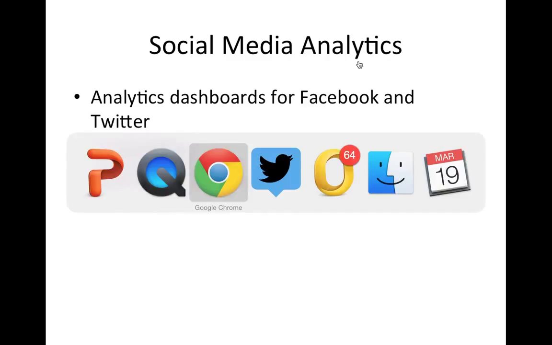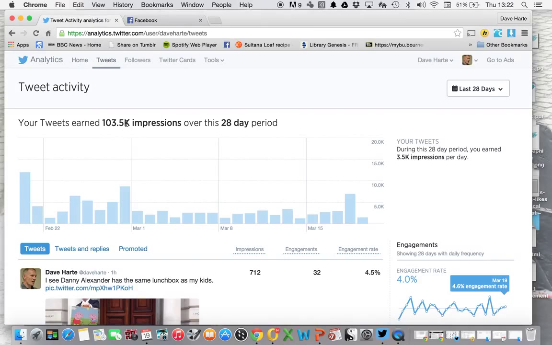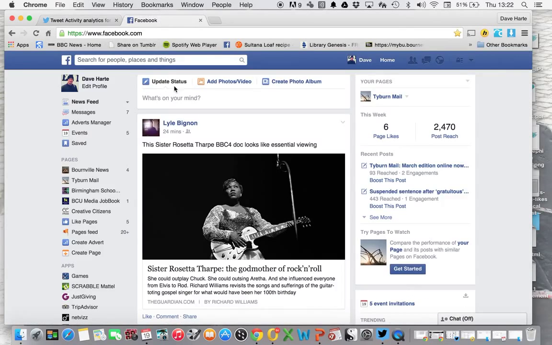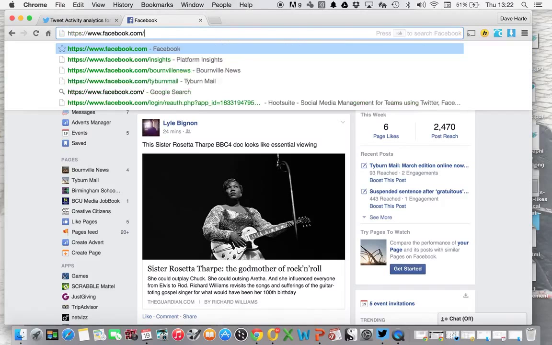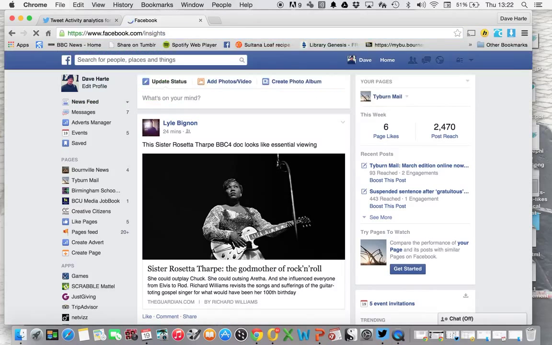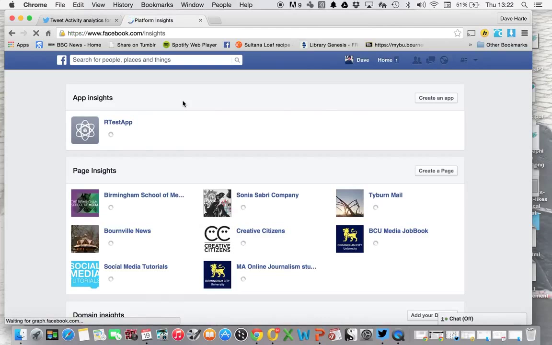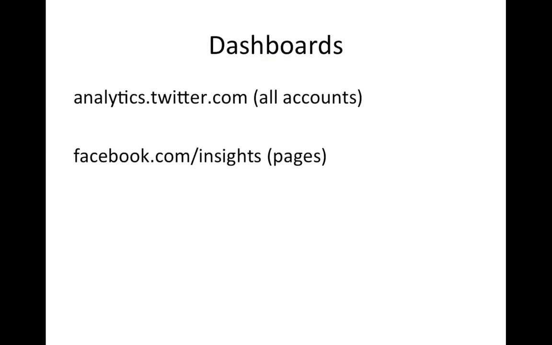So the two platforms we're going to look at are the analytics platform on Twitter and the insights platform on Facebook. So the two URLs for this, on Twitter it's analytics.twitter.com.